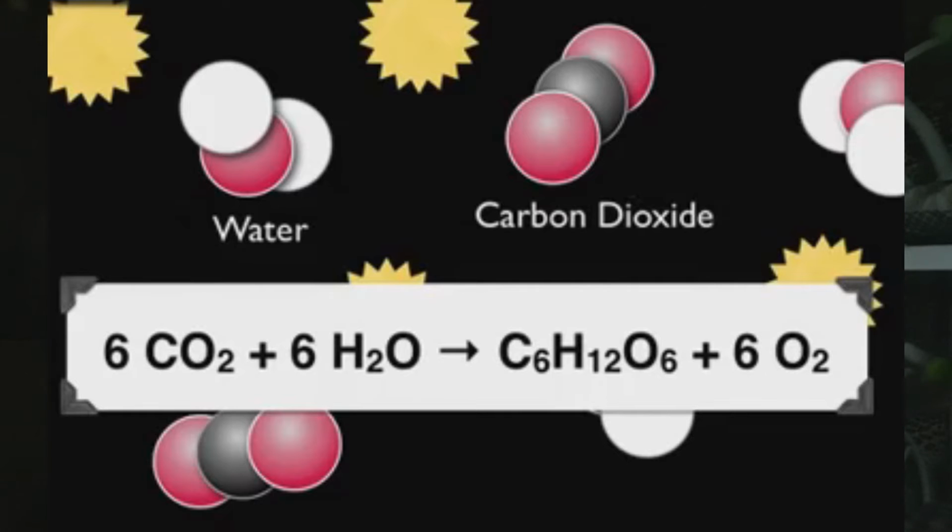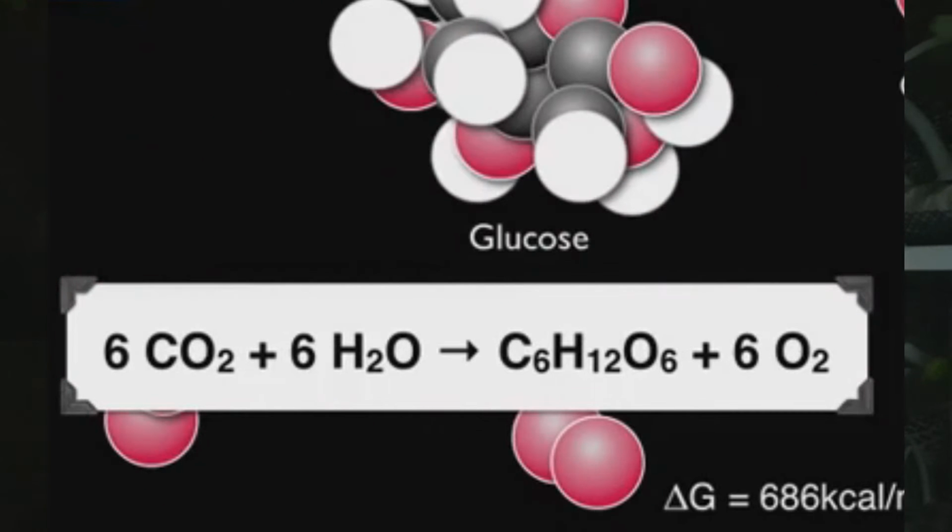In this process, photosynthesis also releases 6 oxygen molecules. That's why this process is very important in our ecosystem, because we humans, for example, need oxygen in order to survive.